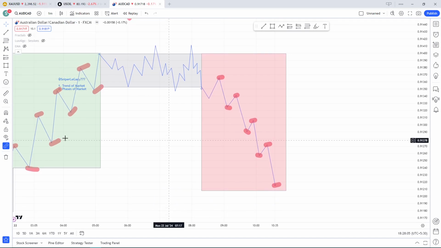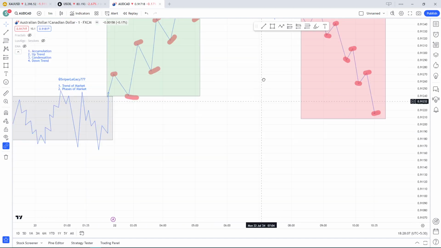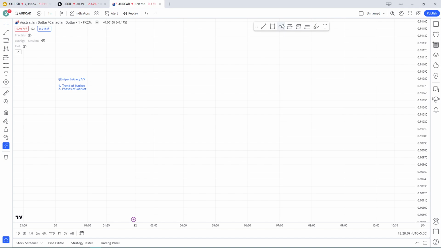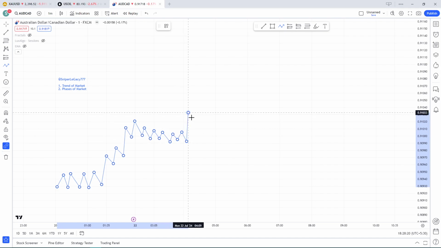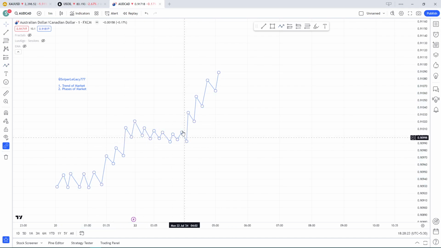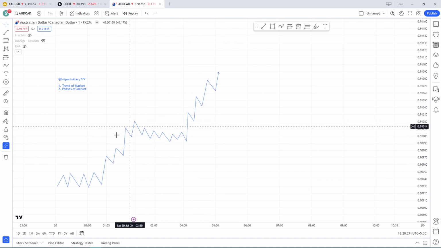So I'm going to explain how the market might look in reality. Maybe I'll again start with accumulation, then we have an uptrend. Then we again have something like this. So what is this called? This is now not called condensation because it is not followed by a downtrend. So this is again accumulation.